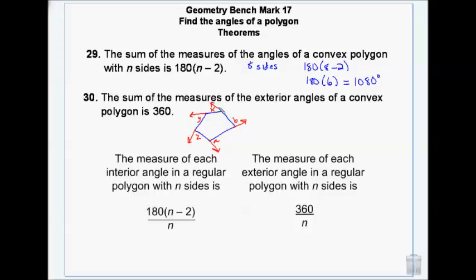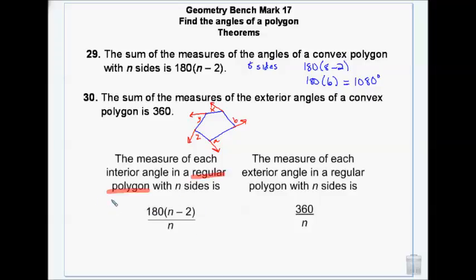Remember how I said this is kind of like spokes of a wheel? If we took all these, we'd make a circle. So that's why it adds up to 360, because a circle is 360 degrees. Now, if we have a regular polygon, which means that the sides and angles are the same length, we can figure out how much each individual angle is by doing this.